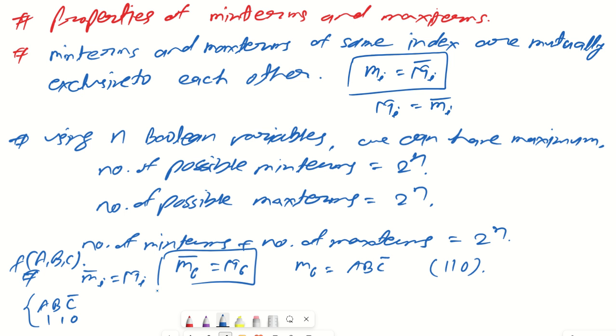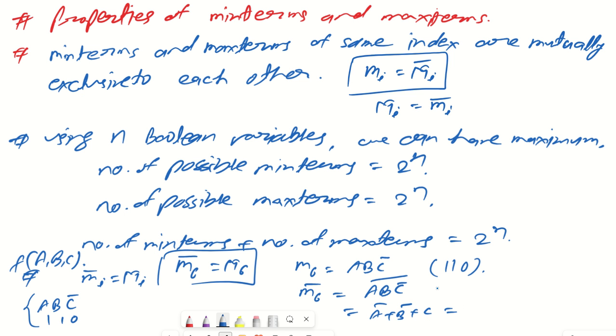Now, if I take the complement of this m6, what will happen? A, B, C bar, whole bar. Then, can I write it down from De Morgan's theorem? A bar plus B bar plus C bar bar, that is C. And you already know that in max term, A bar is considered as 1.